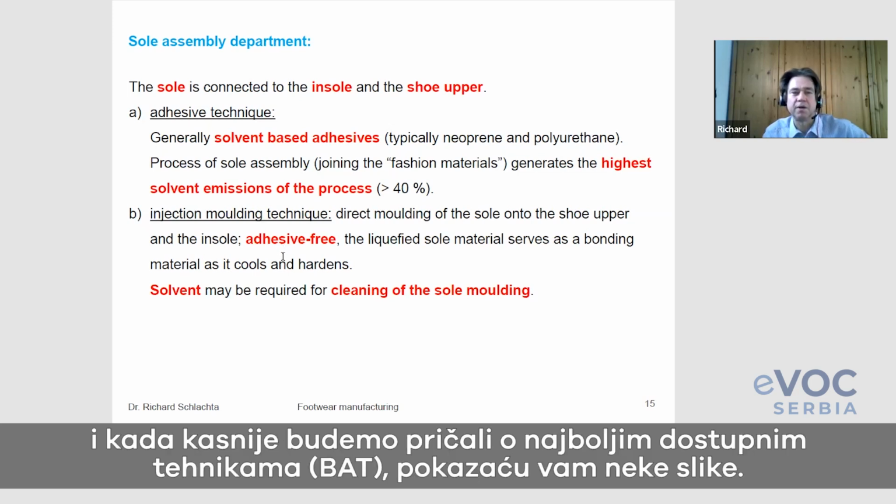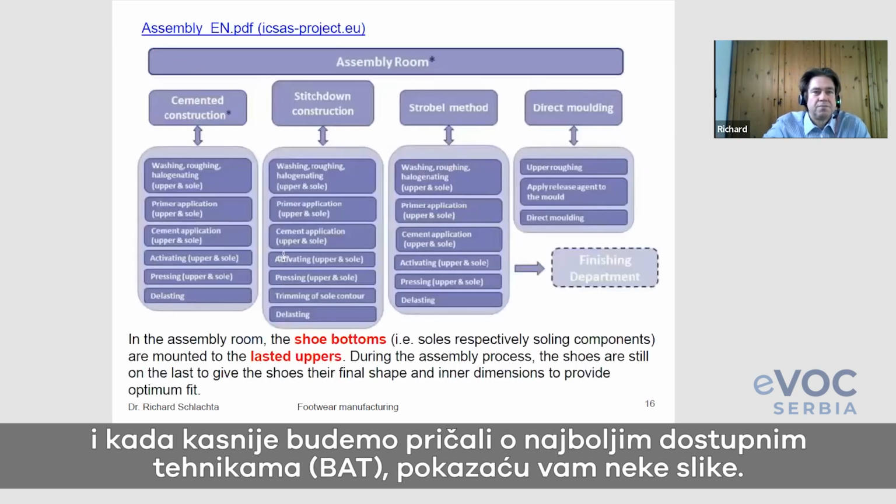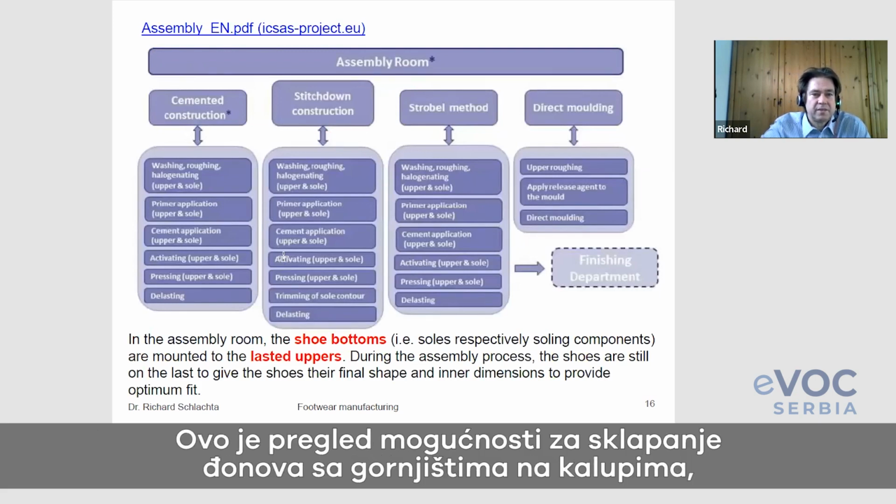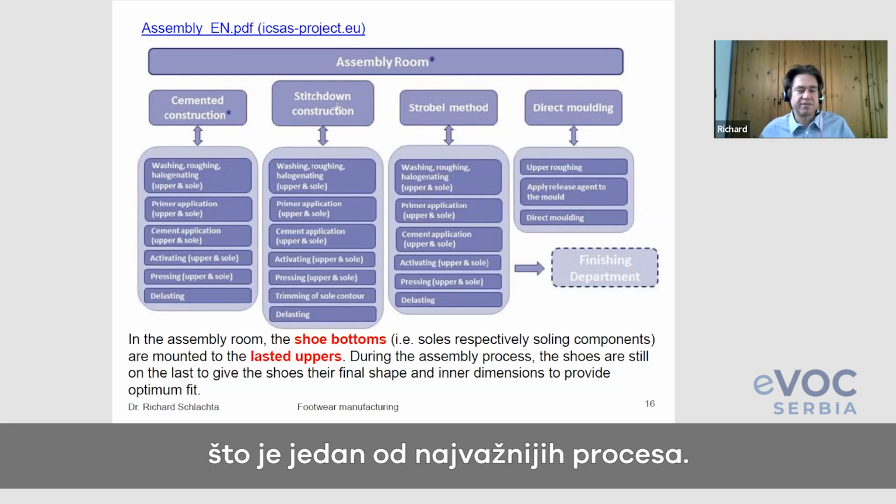Later, when we speak about the BAT, I have some pictures for you. So that is an overview of the direct possibilities to assemble the shoe bottom with lasted uppers. That is one of the most important processes.